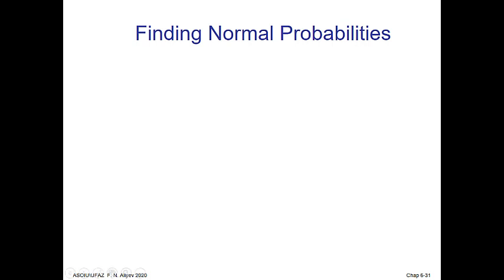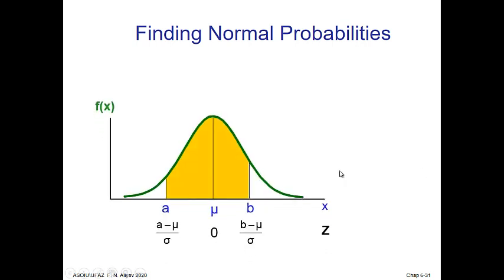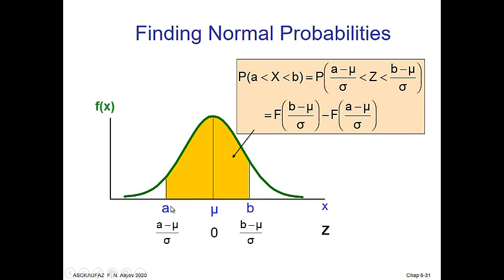Here let's consider a simple example. Suppose that we have a normally distributed random variable with mean mu and standard deviation sigma. The question asks: what is the probability of x being between a and b?